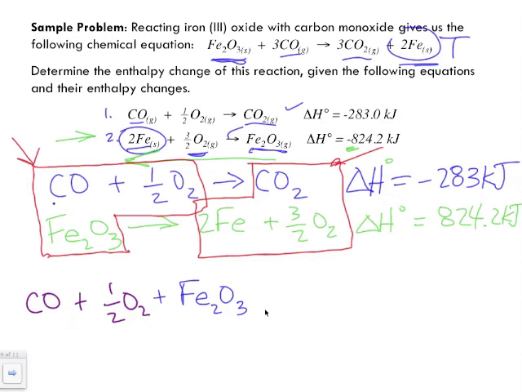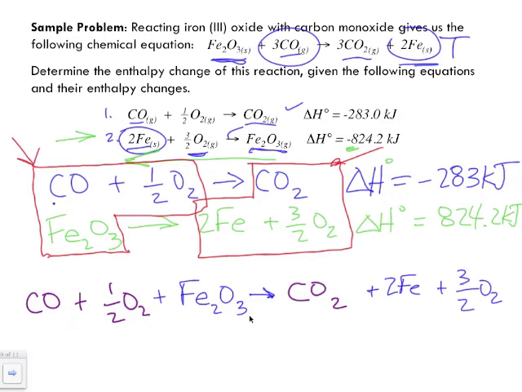And I'm going to form my products, which are as follows: CO2 plus 2Fe plus 3/2 of oxygen.